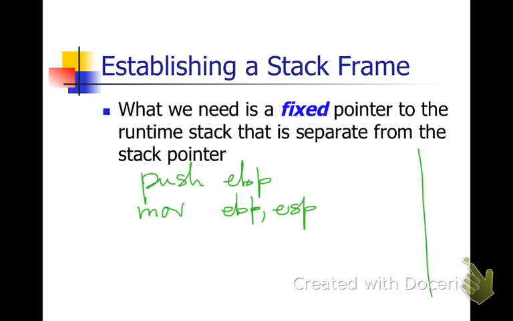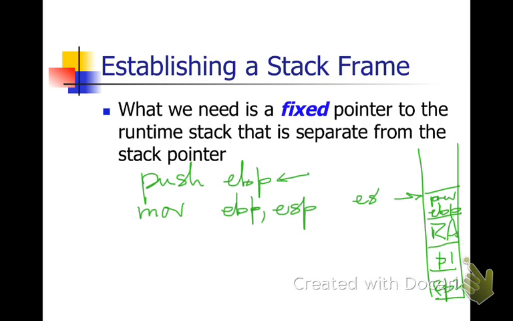So let's go back to that drawing where we had the address of P2, the value of P1, my return address, and here we're going to have the previous EBP because we just pushed it on the stack. So my stack pointer is right here. And then for this second one, I'm going to copy what the stack pointer is pointing at into the base pointer. So right now, I've got both the base pointer and the stack pointer pointing at the same thing.